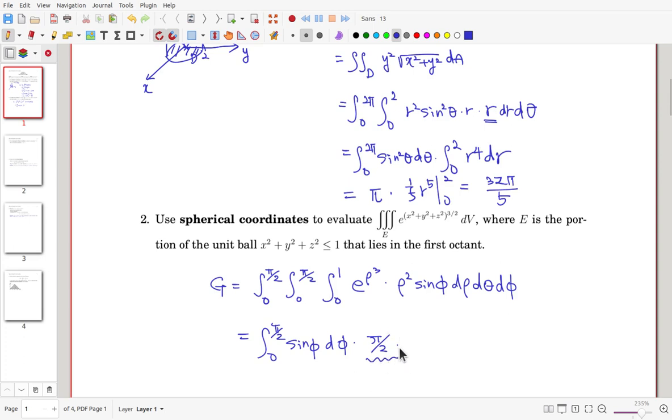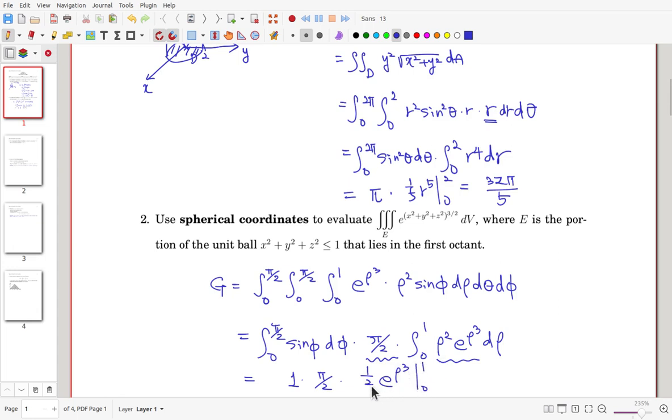And the rho integration, from 0 to 1, of rho squared e to the rho cubed d rho. For the phi integral the value must be 1, and we have pi over 2, another constant here, and the antiderivative of this one must be 1/3 of e to the rho cubed, from 0 to 1.